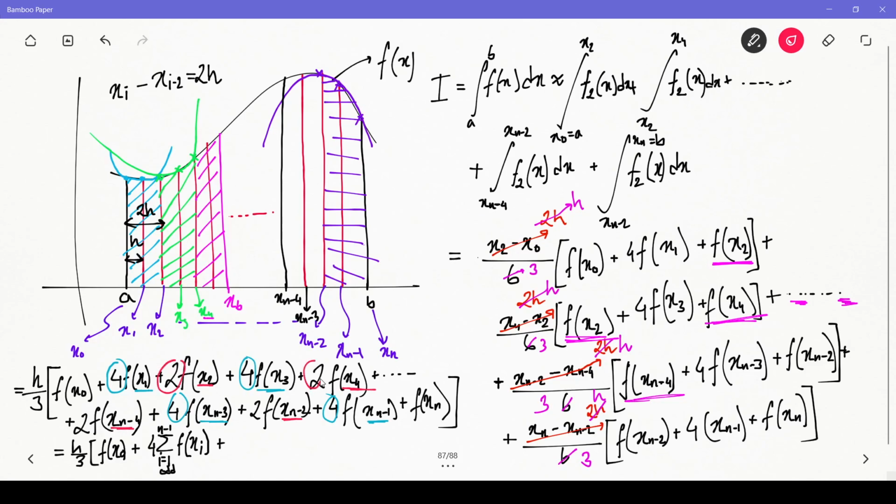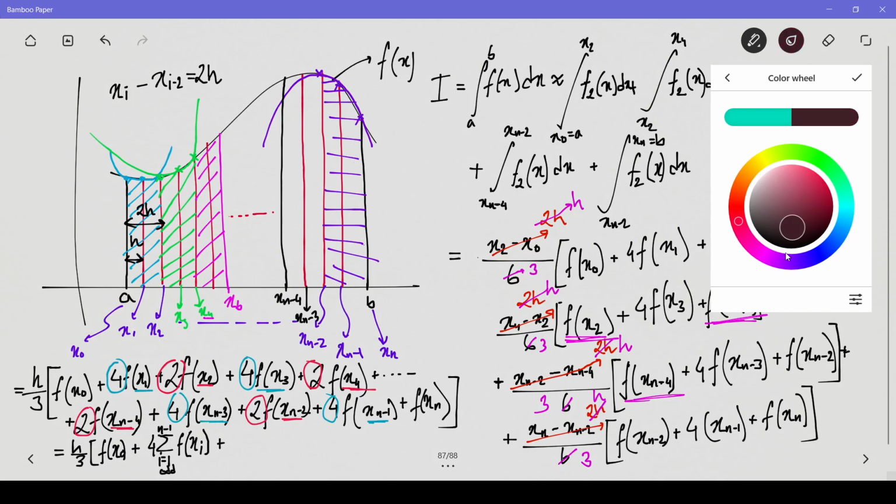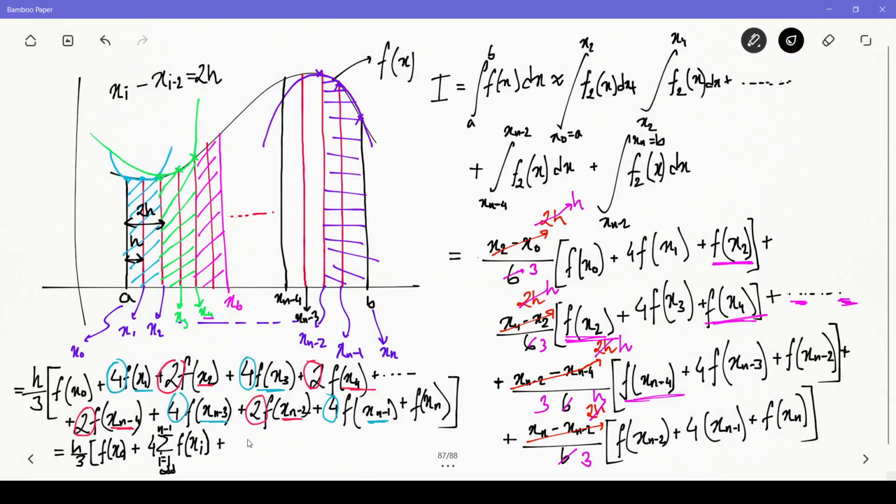So here, here, here, and here. We for sure know that the value of n is even. So n minus 2 is of course an even number. n minus 4 will for sure be an even number as well. And we know that x2 and x4 have even indices, right? So we have seen another pattern.